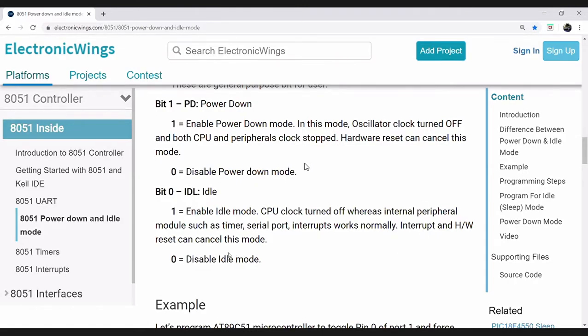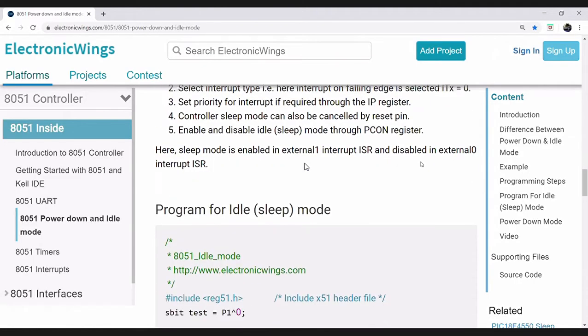Interrupt and hardware reset can cancel this mode. 0 disables idle mode. Any clarification?